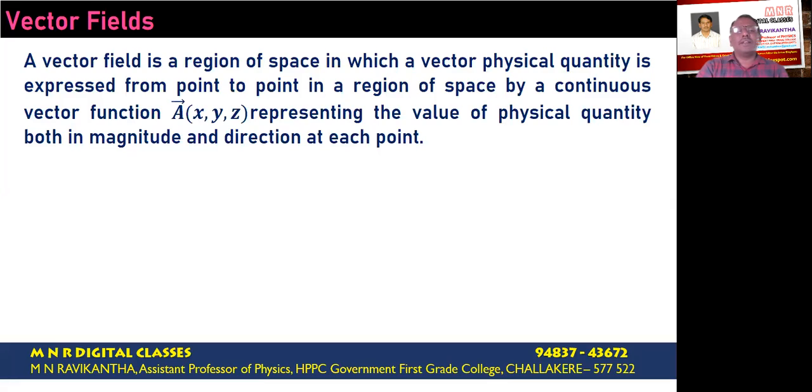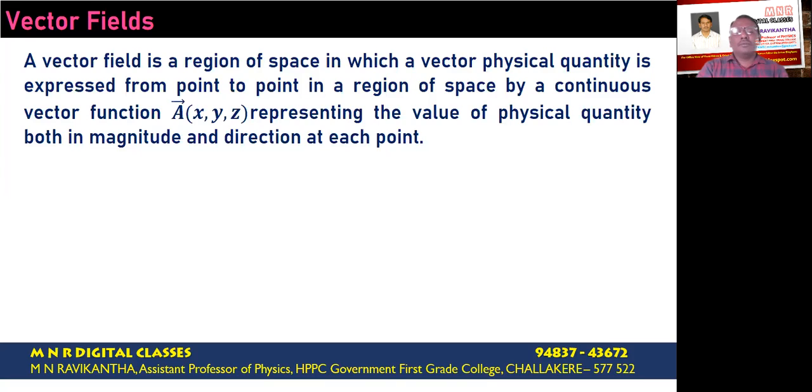A vector field is a region in space in which a vector physical quantity is expressed from point to point in the region of space by a continuous vector function a bar of x comma y comma z, representing the value of that physical quantity both in magnitude and direction at each point.